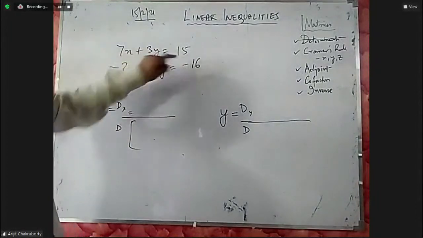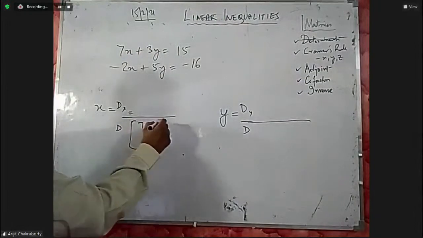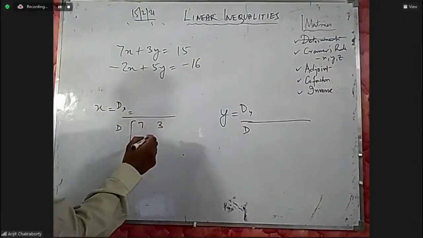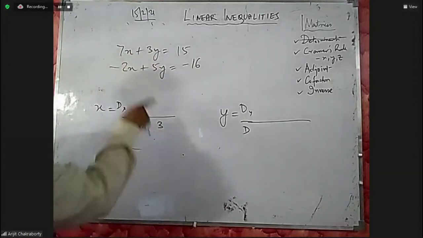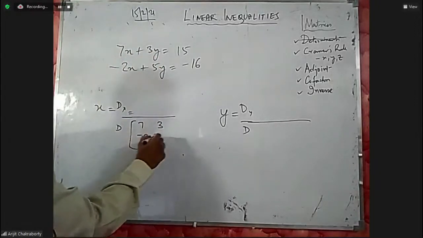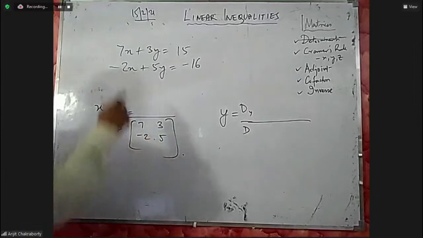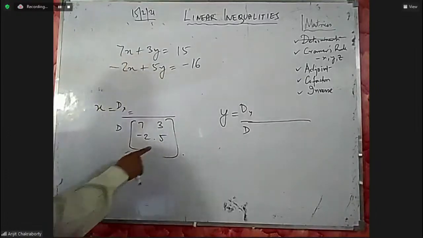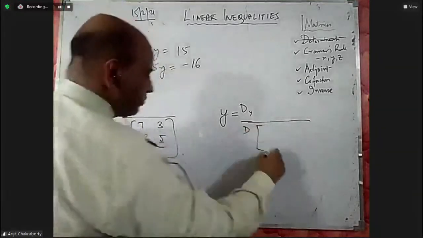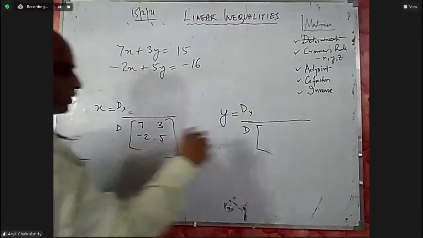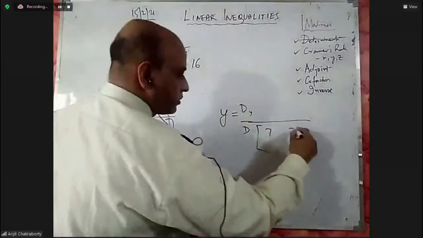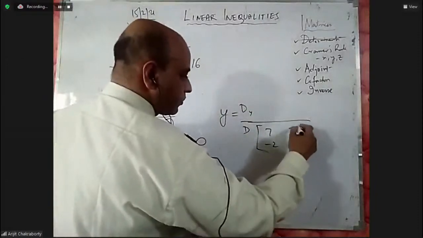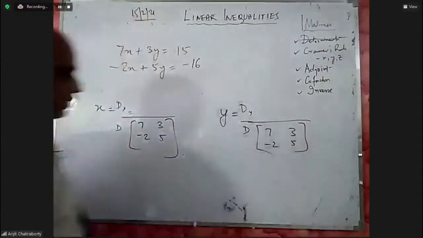So it will be 7, 3, and minus 2 and 5. So 7, 3, minus 2 and 5, this will be d. Here also we have the same values, 7, 3, minus 2 and 5.